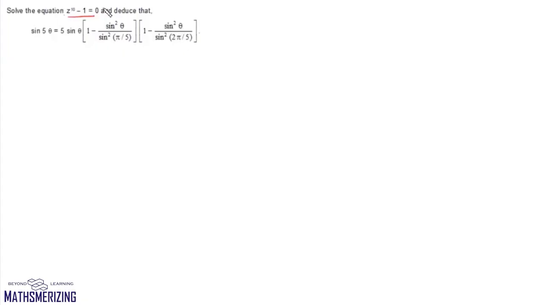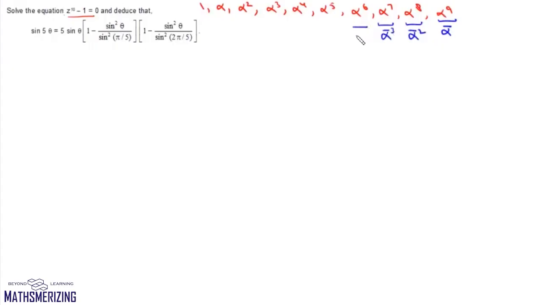Now this is the 10th root of unity, and suppose the roots are 1, alpha, alpha square, alpha cube, alpha to the power 4, alpha to the power 5, 6, 7, 8 and 9. Now we know that we can write alpha to the power 9 as alpha bar, alpha to the power 8 as alpha bar square, alpha to the power 7 as alpha bar cube, and alpha to the power 6 as alpha bar 4.